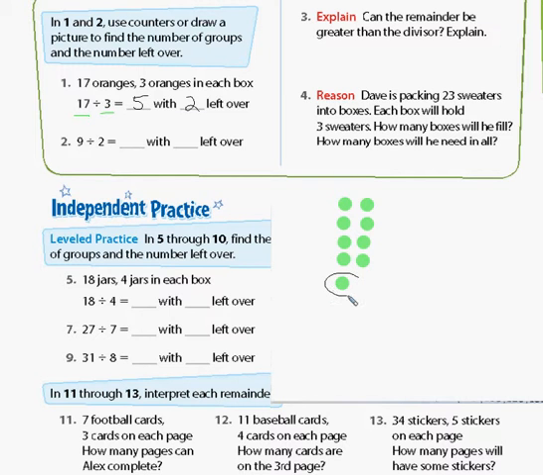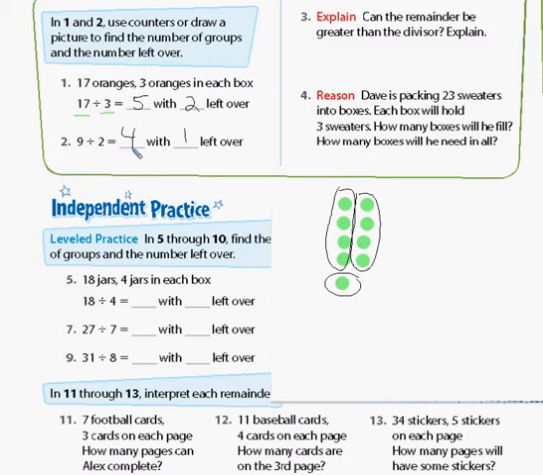That's my remainder. Have a remainder of 1. I've got 2 equal groups here, and in each of the groups there is 1, 2, 3, 4. So that's 4. So 9 divided by 2 is 4, with 1 left over, or a remainder of 1.